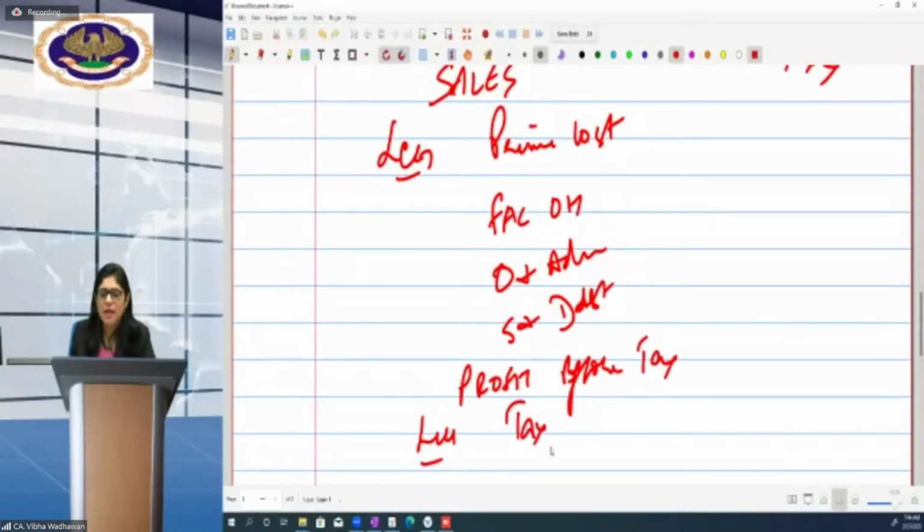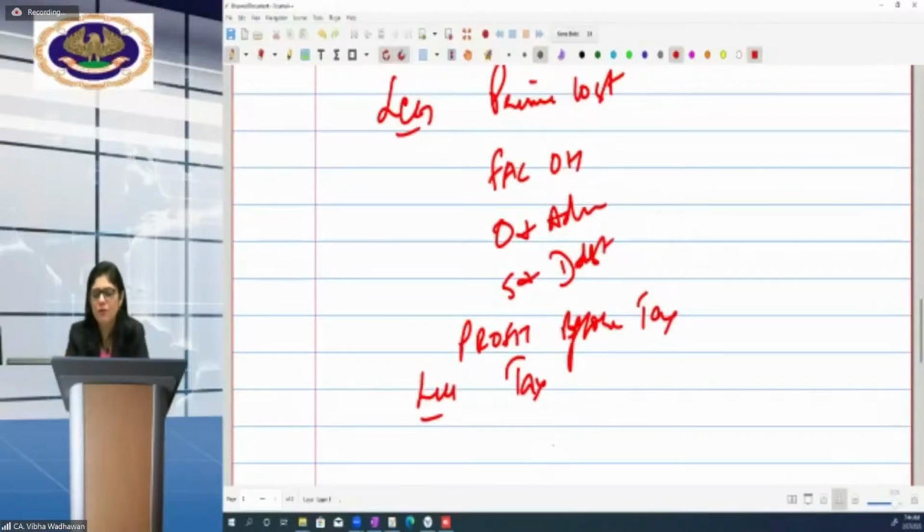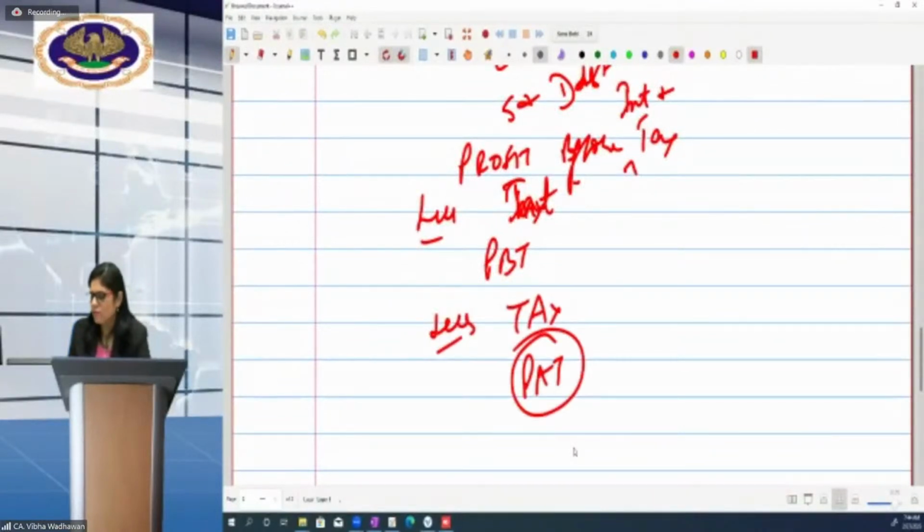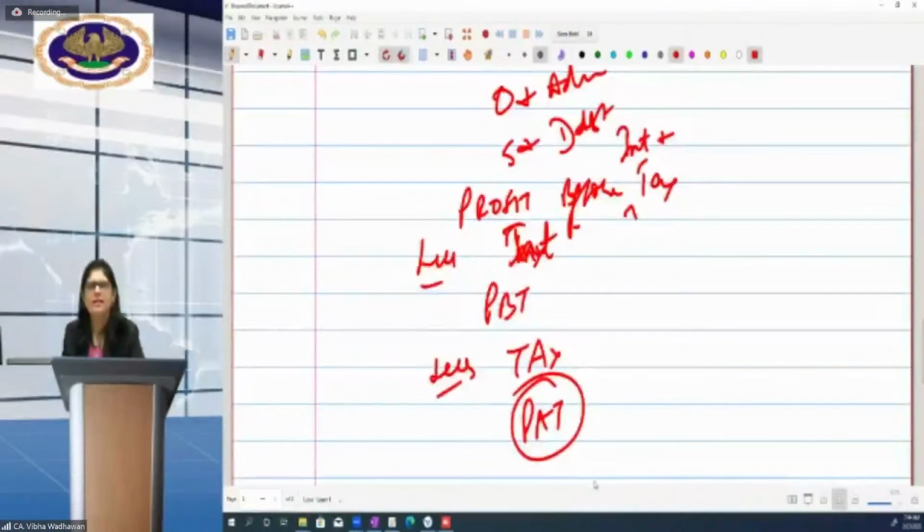Here you can even have profit before interest and tax also, then less interest, profit before tax, then less tax. So this is PAT. So basically the master budget is nothing but an income statement, but in a costing format.